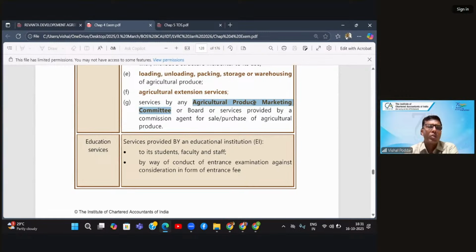Only then you are allowed the entry in their place, and there you are allowed to sell your produce. That fees is what is exempt. Then the agents whom you hire and to whom you pay the agency commission, that is also exempt. So these are some of the exempted services relating to agriculture.